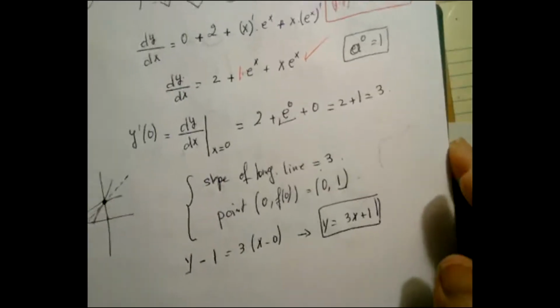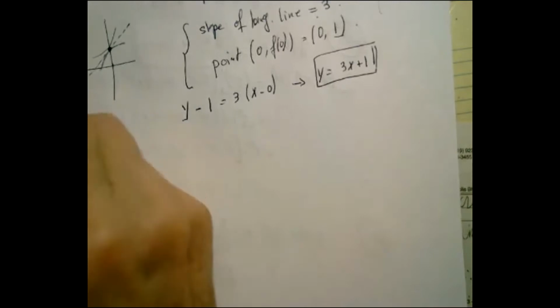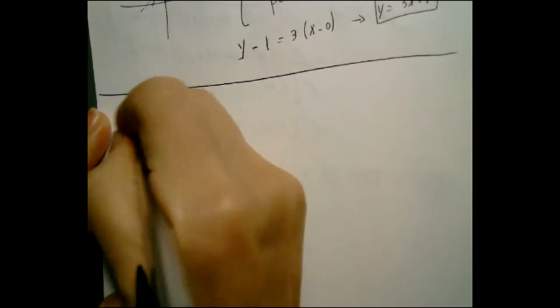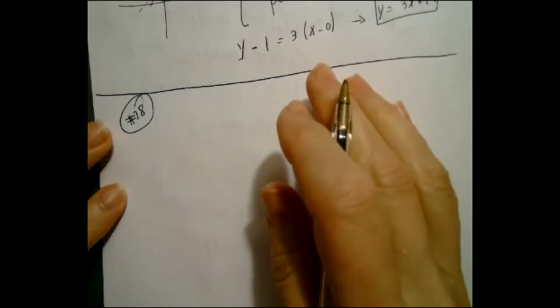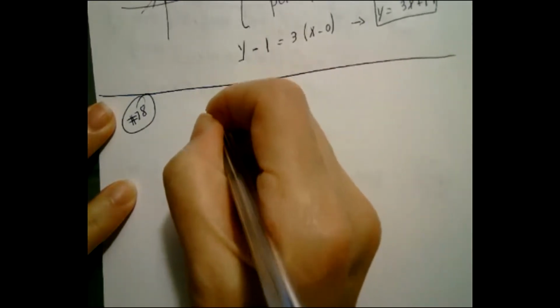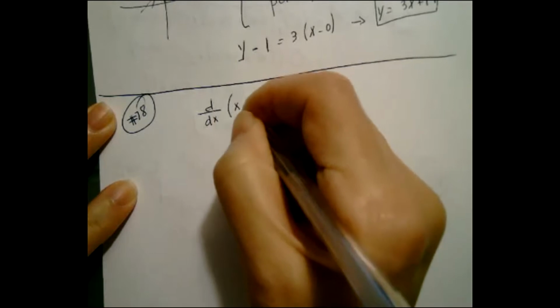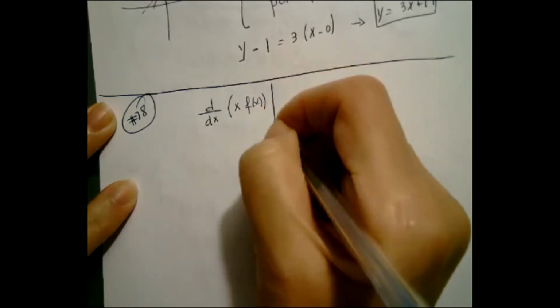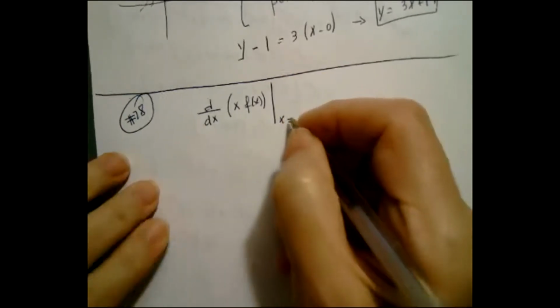Right, so we look at the last problem you have, which is number 78. What is it about? Okay, so here they give us a table of values, and they want us to find the derivative with respect to x of the following function: x times f of x, evaluated at x equal to 3.